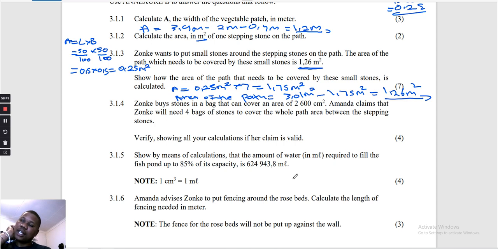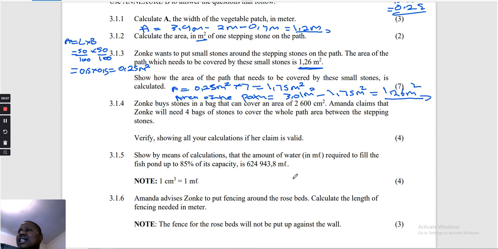Okay, we have 3.1.4. Zonke buys stones in a bag that covers an area of 2,600 centimeters squared.